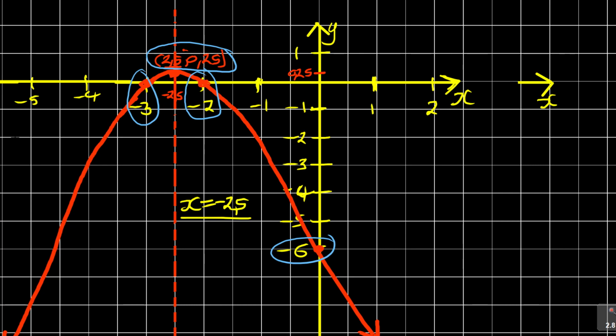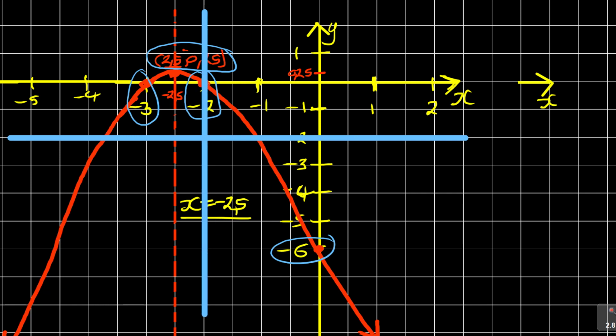It's parallel to the x-axis, cutting at y is equal to -2. So don't draw it here and say this was the line. No, this line is x is equal to -2, because it's cutting at x is equal to -2. So for the line there, you need to indicate that this is y is equal to -2.